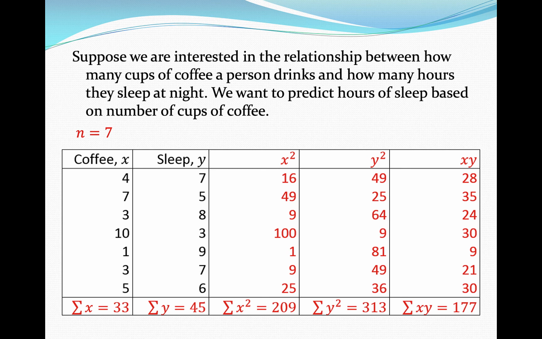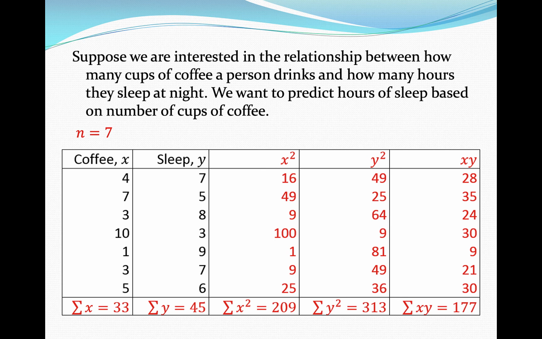To get the column of x squareds, we simply square our x values. To get the column of y squareds, we simply square our y values. To get the xy values, that means x times y. For example, across that first data point, we get 4 times 7, which is 28. The second data point is 7 times 5, which is 35. So that last column is our x value times our y value. So we just create this table.